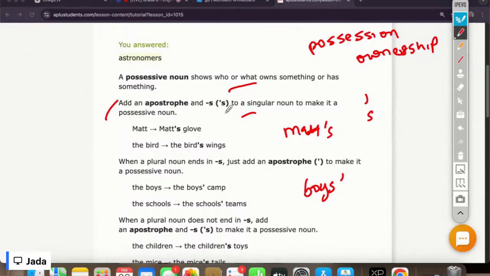Alright, so we know that possessive now shows us what or who owns something. So possession and ownership.